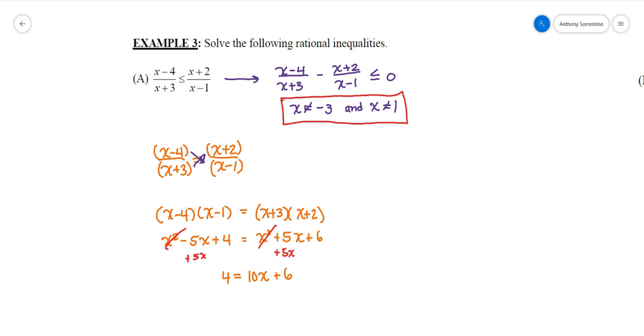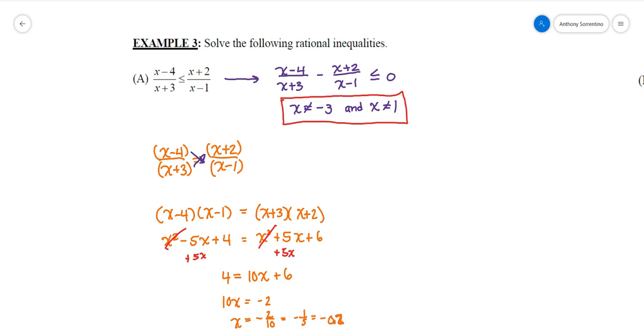I subtract 6 from both sides. I get that 10x equals negative 2, which means x is going to be equal to negative 2/10, which equals negative 1/5, which equals negative 0.2.